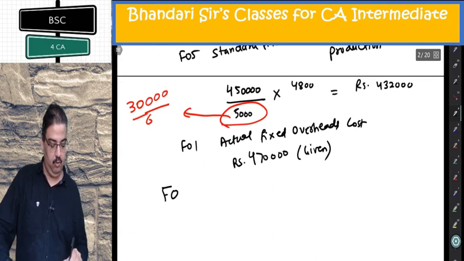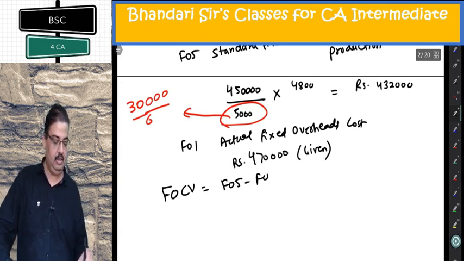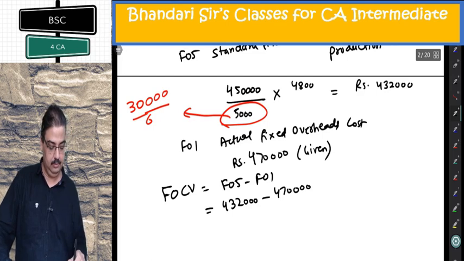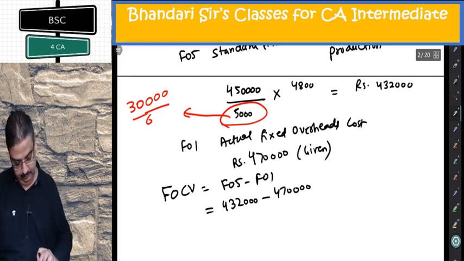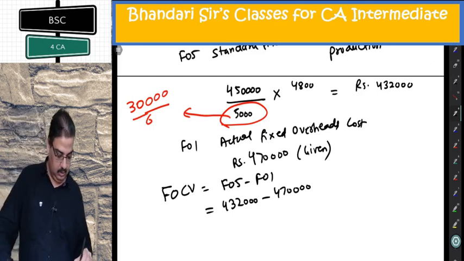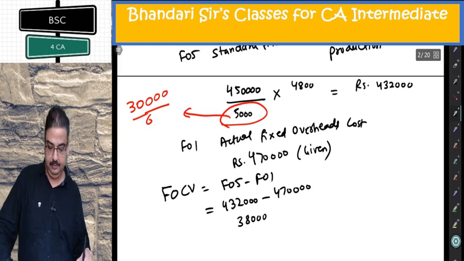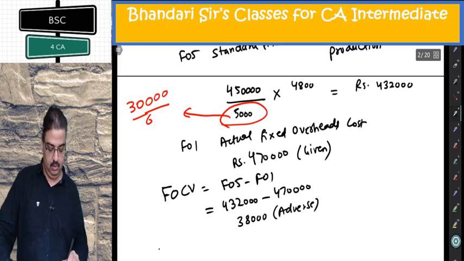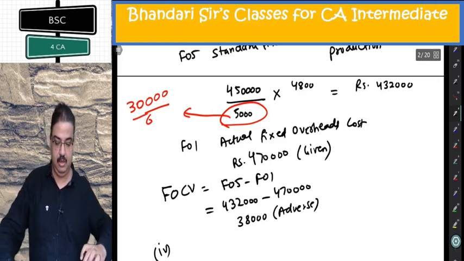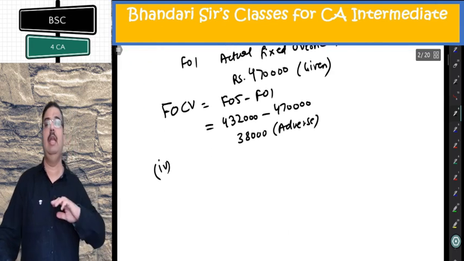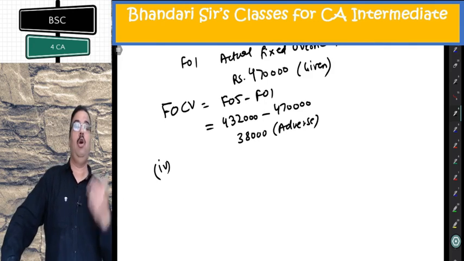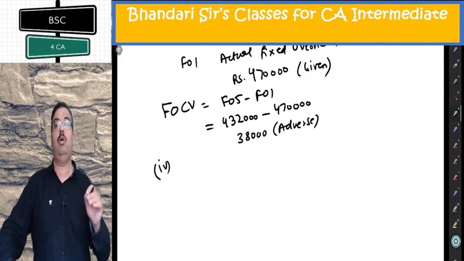So fixed overhead cost variance FO5 minus FO1, 4,32,000 minus 4,70,000, 38,000 adverse. Fourth part, last part of the question. He is not asking any detail. He is asking top level variances in all cost categories.